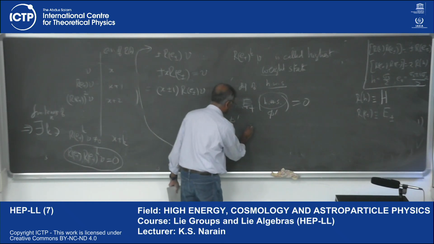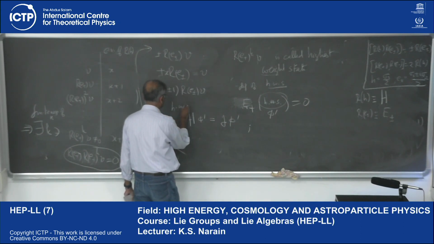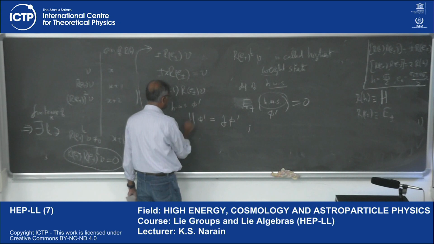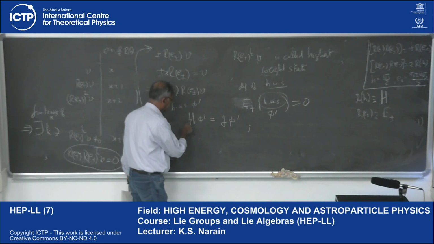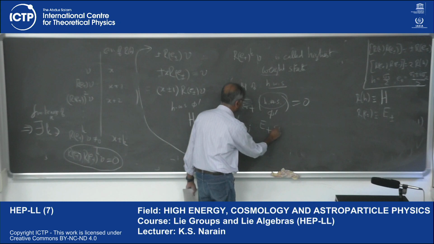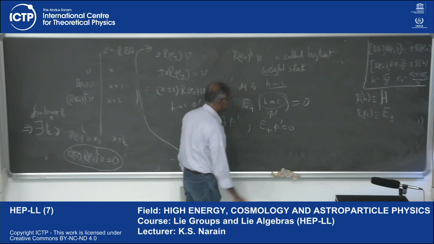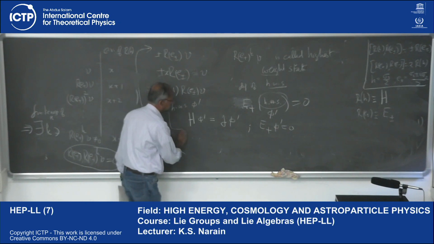And so this highest weight state, phi prime, satisfies these two conditions. One, it is an eigenfunction of H with some eigenvalue J, and E plus acting on phi prime is equal to 0. So this defines the highest weight state.